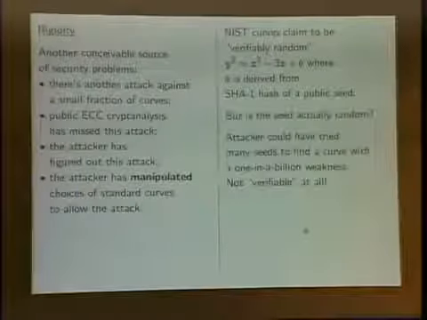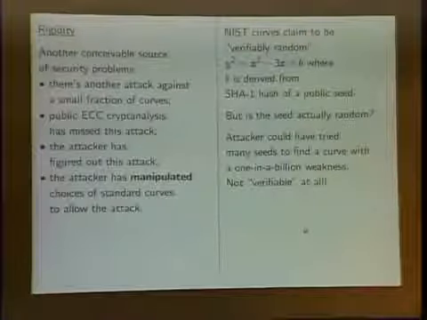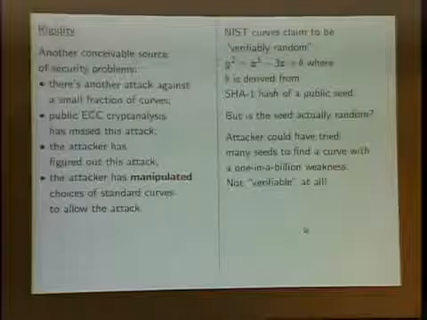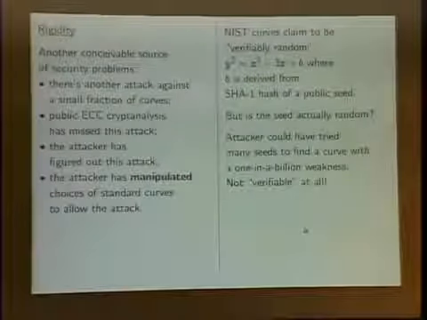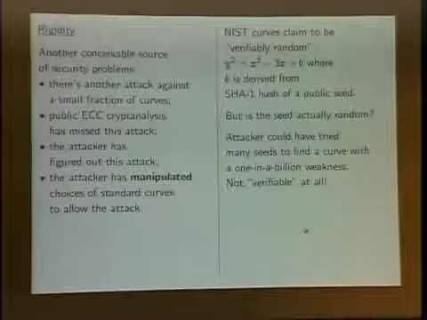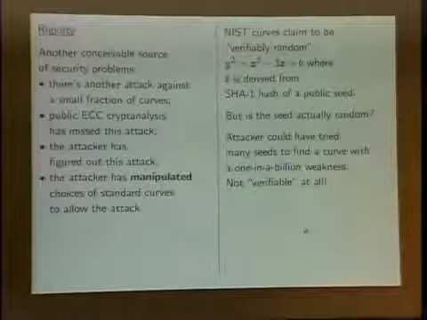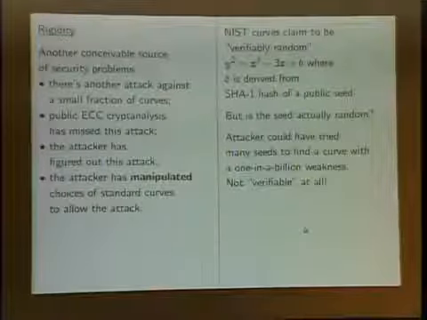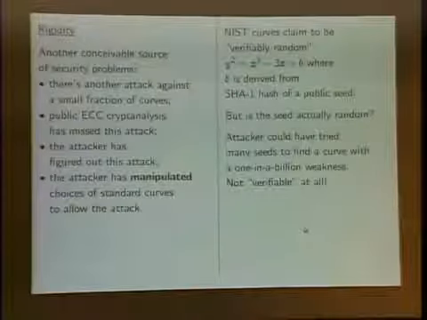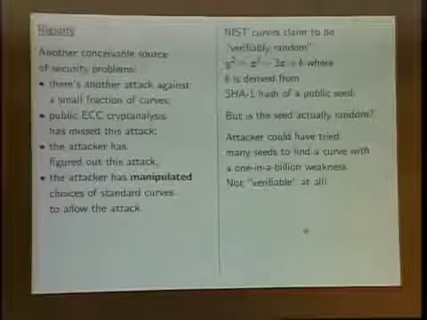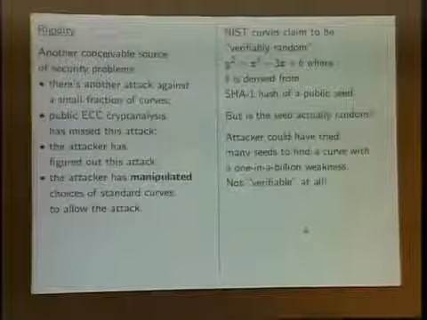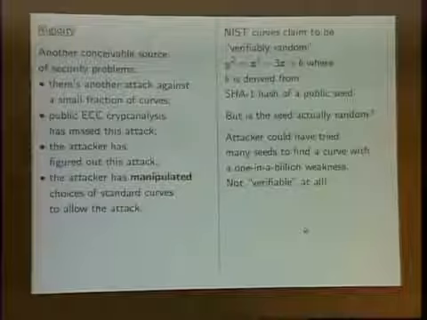Now, is the seed actually random? Where does this thing come from? We don't know. We know who it was that generated the curves, but we don't know what he tried. Now, if somewhere in China, for a different standard, there is somebody who is willing to run, say, 1 billion hash computations, 1 billion curve counts, and he knows a very rare property of elliptic curves, like 1 in a billion, 1 in a trillion, then he has to try that many times, try different hashes, but in the end he just publishes the one hash which worked.